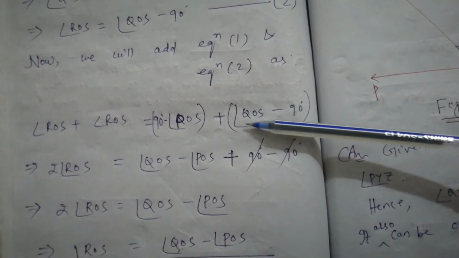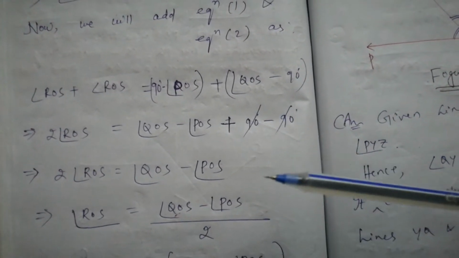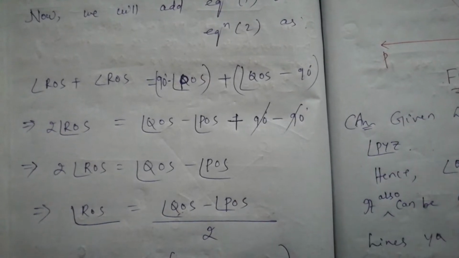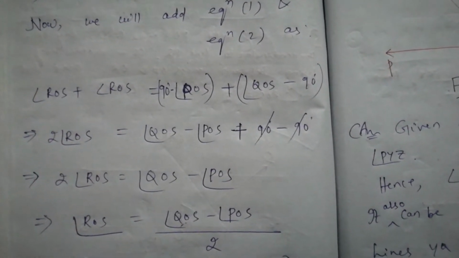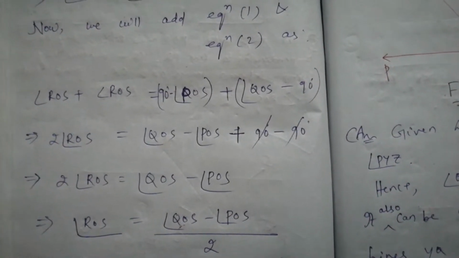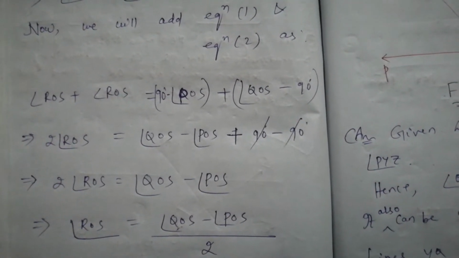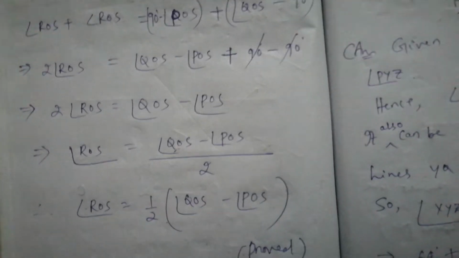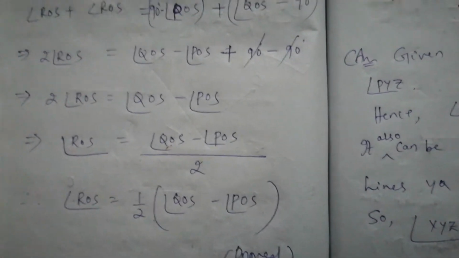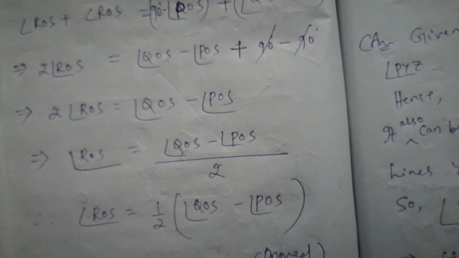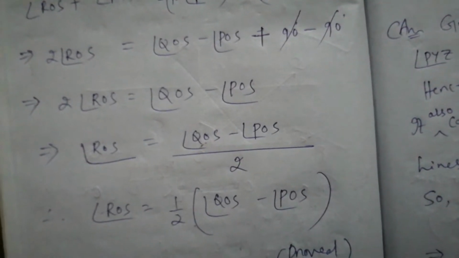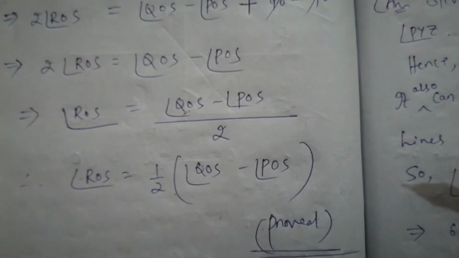Just do the addition and you will get that angle ROS equal to the difference of angle QOS minus angle POS and the whole difference divided by 2. Or else we can write that angle ROS equal to half of the difference between angle QOS and angle POS. Okay. So, this way this is proved.